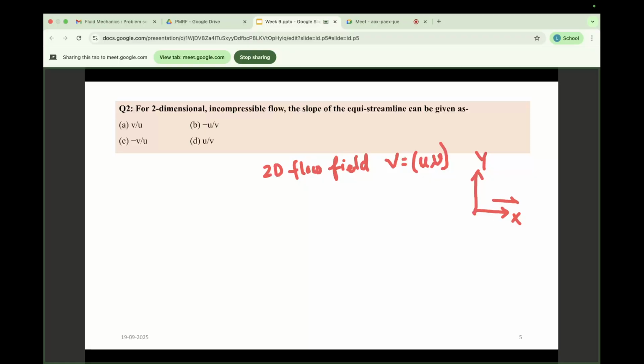So if a particle is moving in the x direction, we consider its velocity as small u, and if it is moving in the y direction, we consider its velocity as small v.